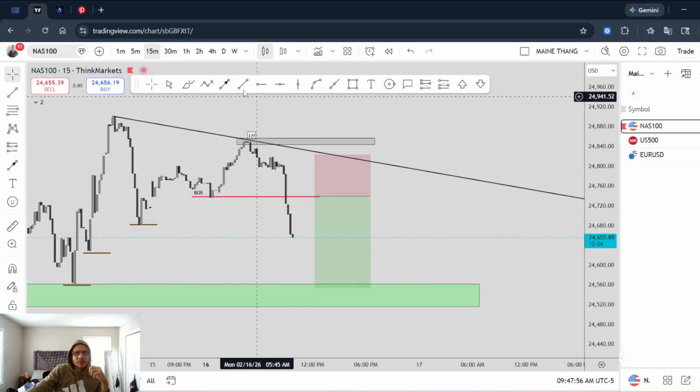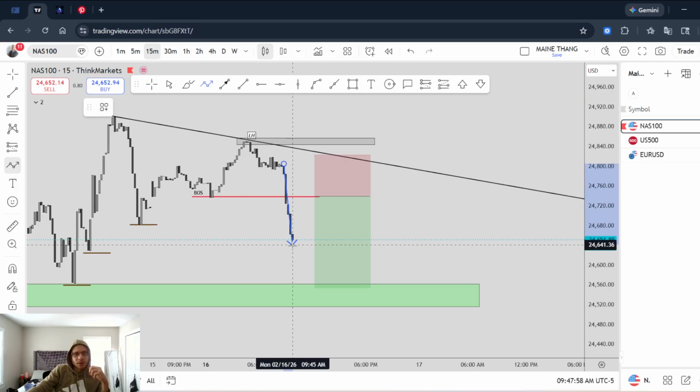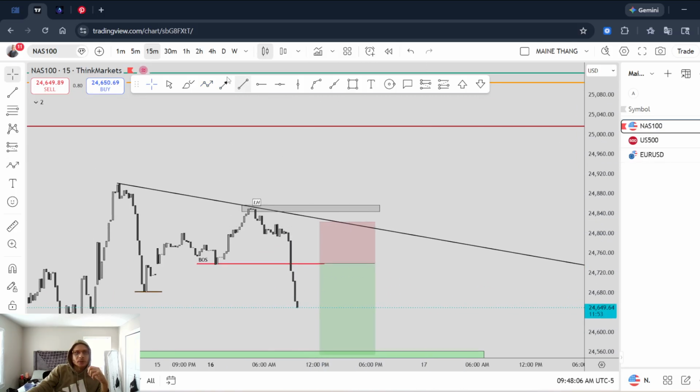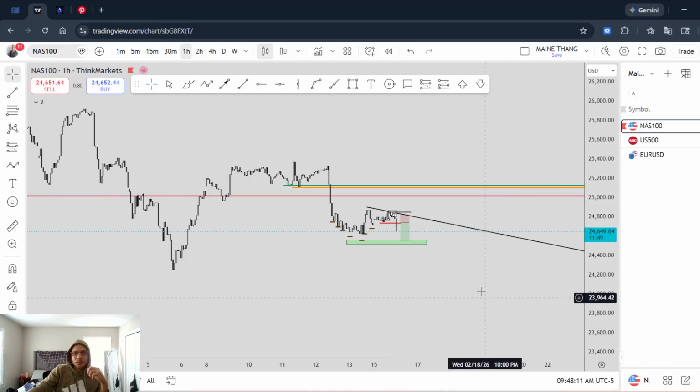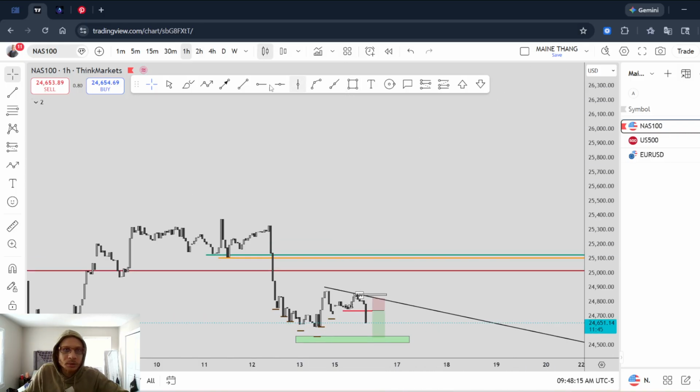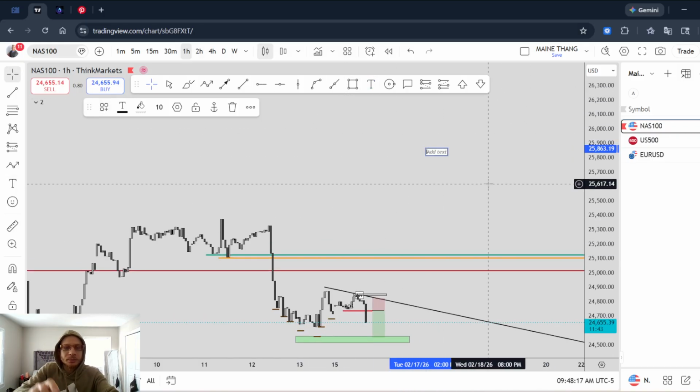Same thing on the lower time frames. You got an indication. Need that correction. 10 in order to get our continuation. And I should have that on here. I don't know why it's not on here. What happened to it?